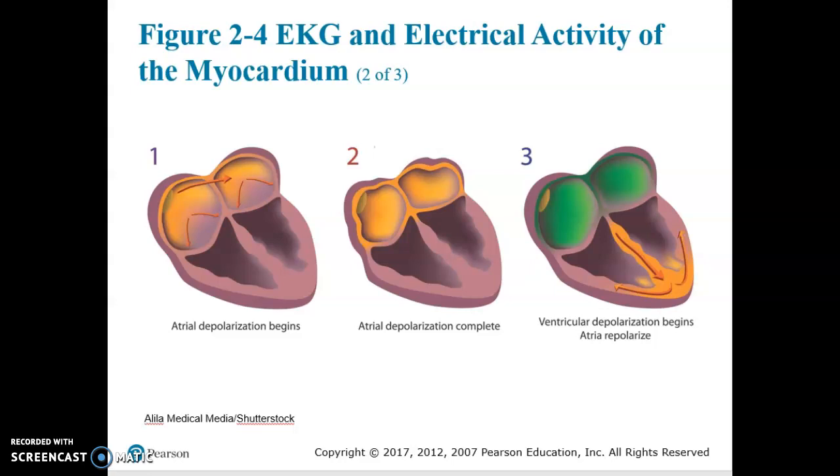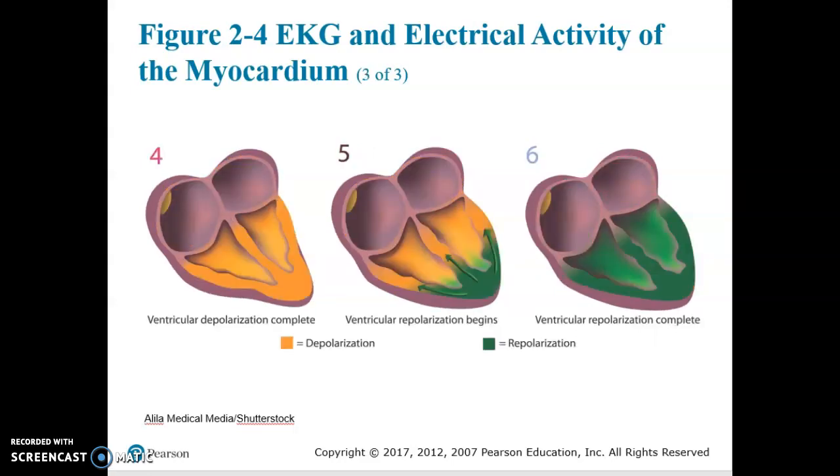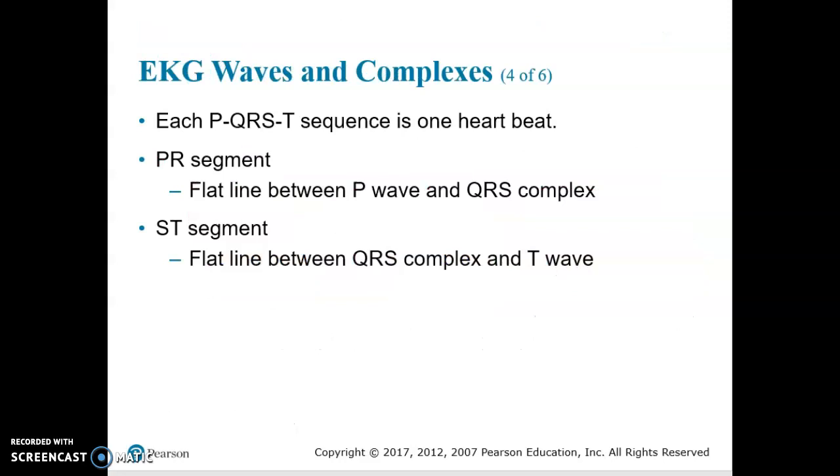When the atria depolarize, the P wave is written on the EKG paper, and when the ventricles depolarize, that QRS is written on the EKG paper. So this kind of shows you the path.